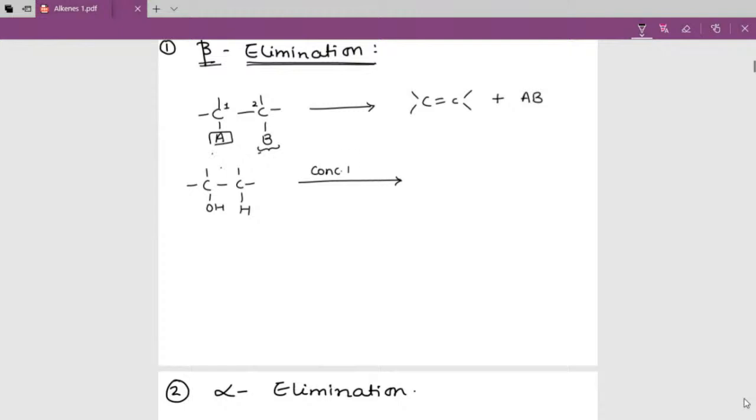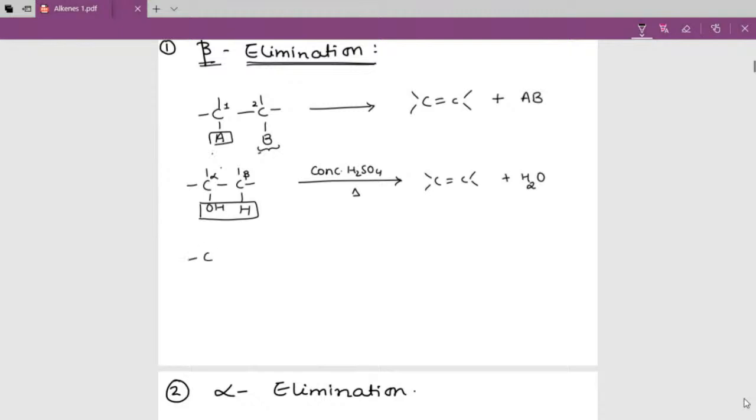When you do dehydration of alcohol with concentrated H2SO4 and heat, from one center I am losing OH, from the other I am losing H. So overall, I am removing the groups from relative position 1 and 2, or alpha and beta, and therefore this formation of alkene falls under the category of beta elimination.